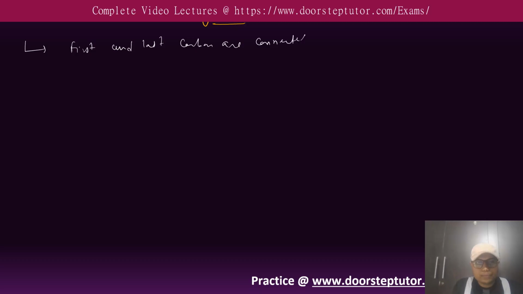Now let's talk about the cyclic compound. What are cyclic compounds, and what do we understand with the term cyclic compound? As you can decode this term, cyclic compounds are those compounds in which the first and the last carbon are connected through a bond.